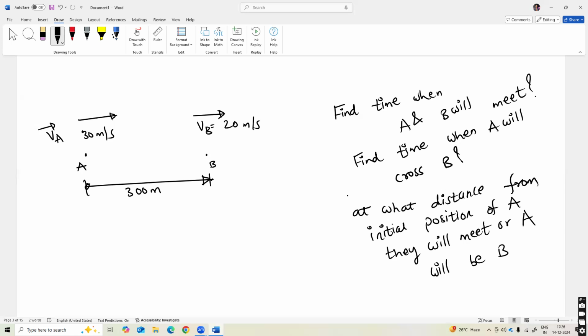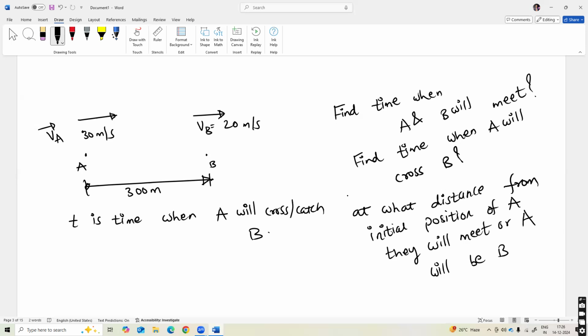So let's say T is the time when A will cross or catch B. Let's find out how much distance A has traveled to catch B.